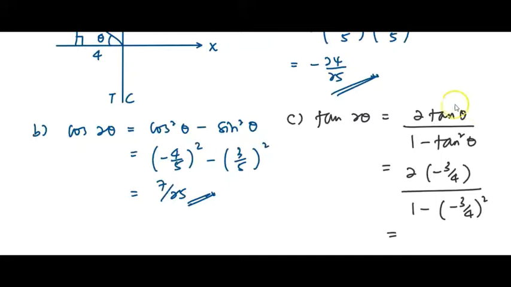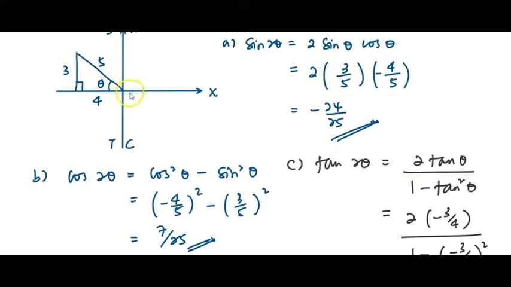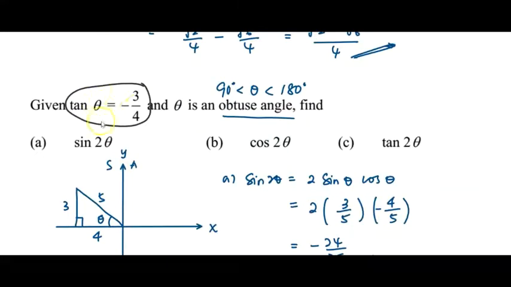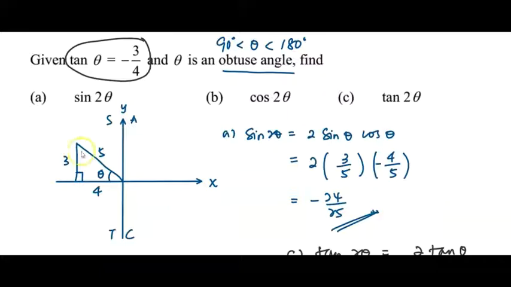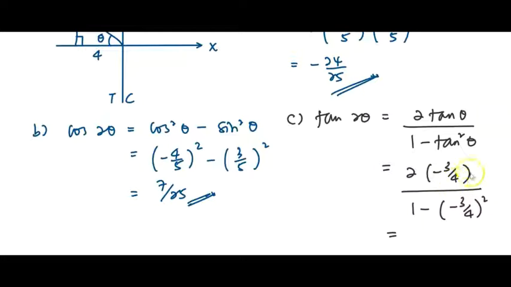You will see that I'm not taking the value of tangent theta from my diagram. That is an advantage, because in case I got my diagram wrong, I'm still not affected by it. I just get the value from the question, so it wouldn't be wrong, right? So I would just put in the value -3/4 as my tangent theta.